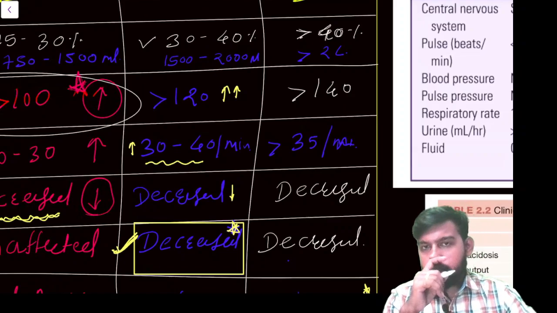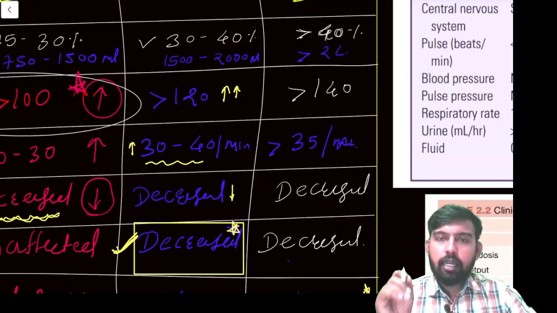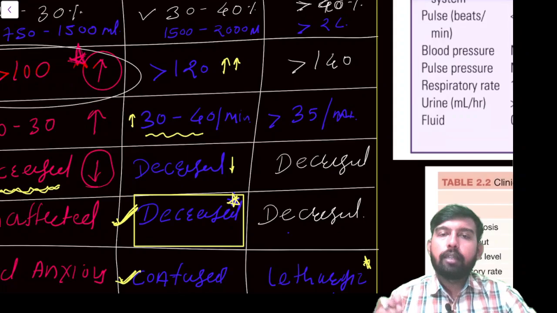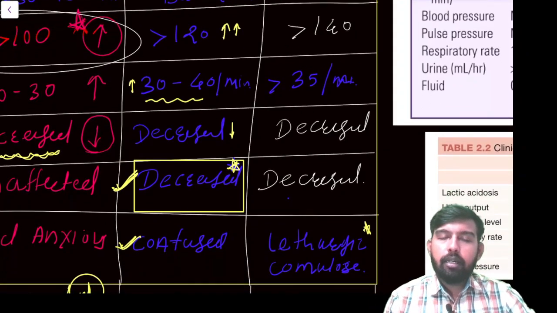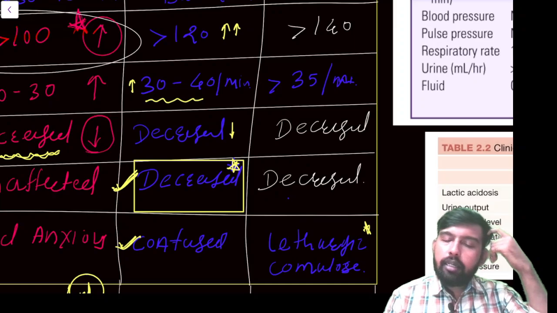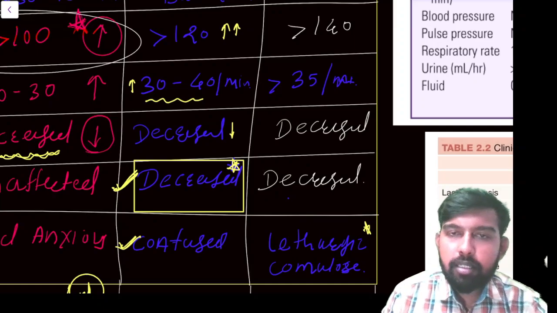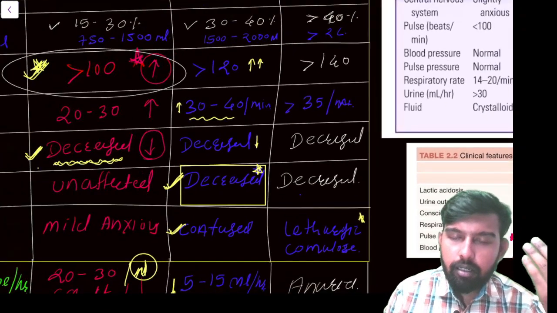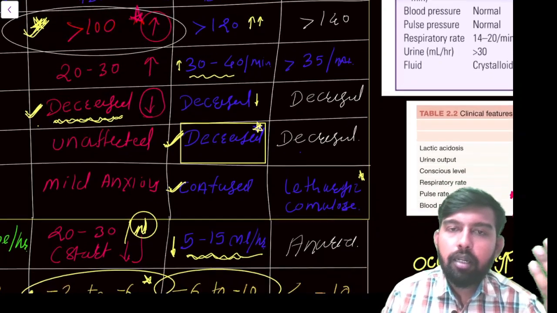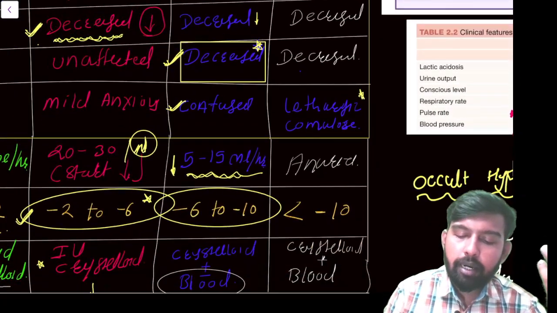All the parameters are deranged. There is tachycardia, pulse becomes feeble, and all the parameters are unrecordable. There is a very much increased respiratory rate, pulse becomes feeble, BP becomes unrecordable, and the patient becomes lethargic and comatose.